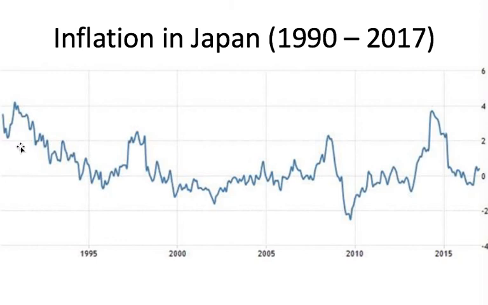Here it's zoomed in, so this is just 1990 to 2017. Especially from about 1995 onward, inflation is near zero. And in Japan, they've experienced deflation, or negative inflation, a lot more than the US has.